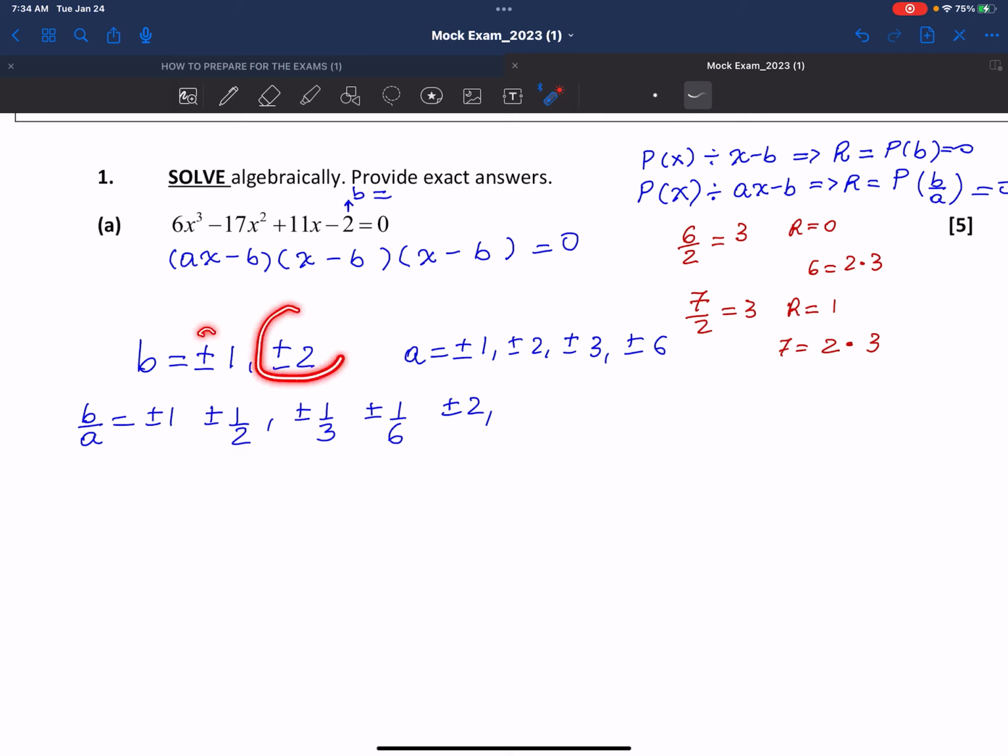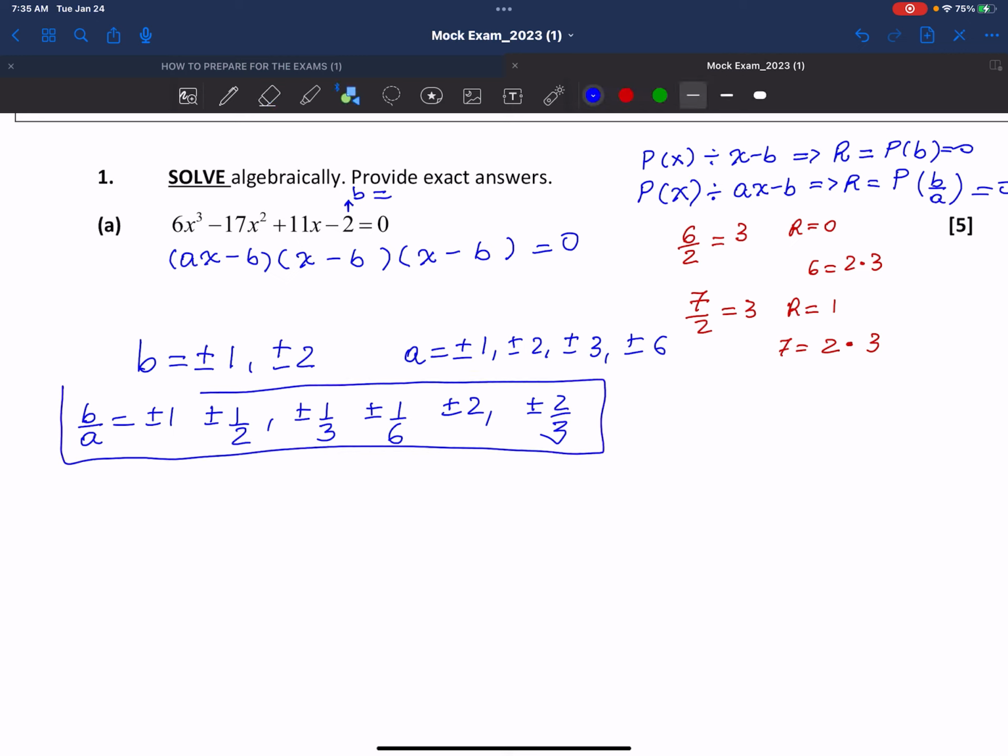Plus minus 2 divided by plus minus 3 is plus minus 2/3. And plus minus 2 divided by plus minus 6 is plus minus 1/3, a number that we have already listed. Therefore, we don't have to list it twice. So these are all the possible values of b over a.